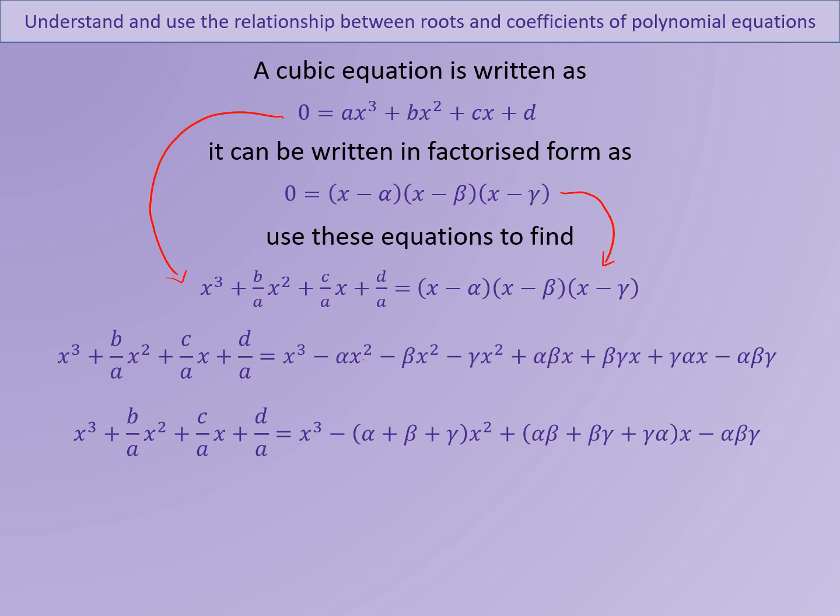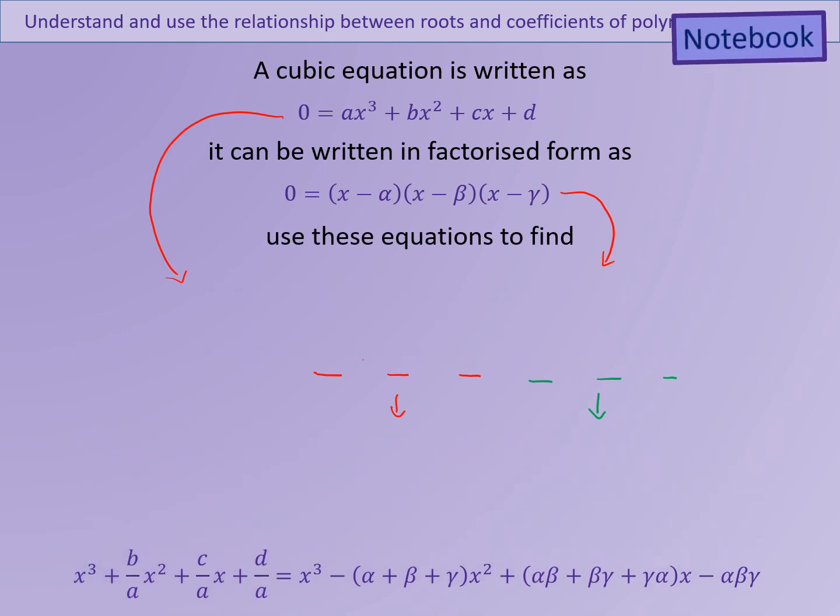So if we take a look there, I'll underline in colour so that we can see where they're all coming from. So we have x squared here, here and here. So that leads to this first bracket. And we have all of the coefficients of the x here, here and here, which leads to the second bracket.